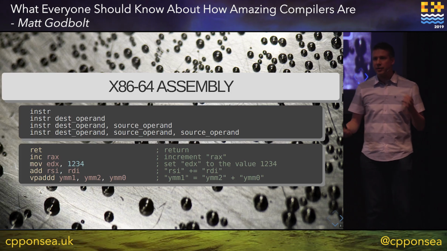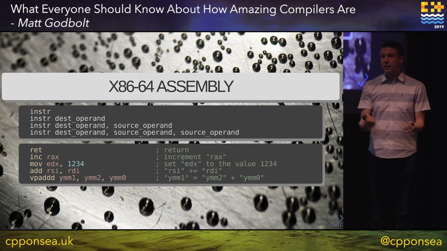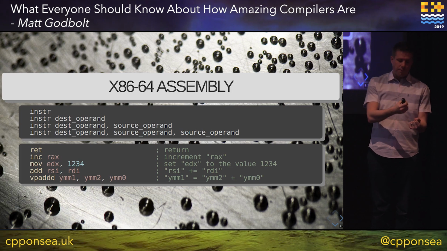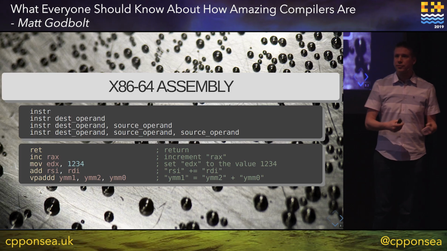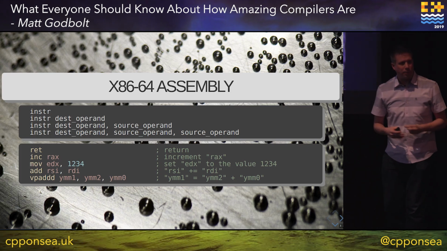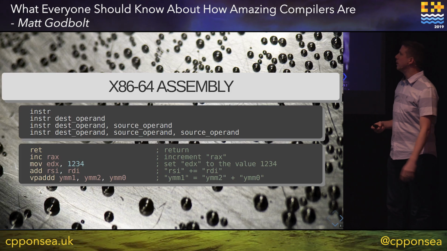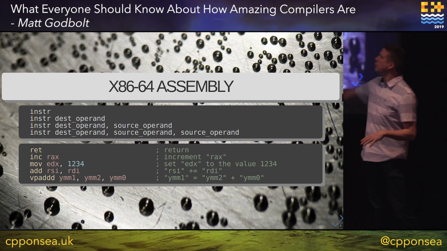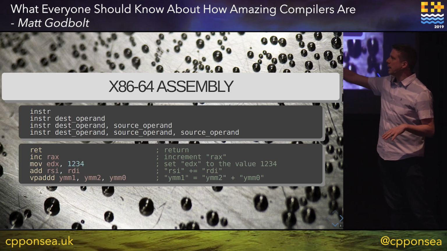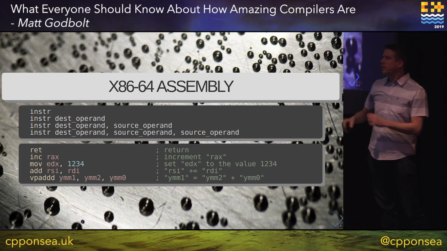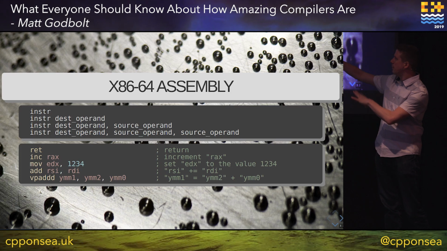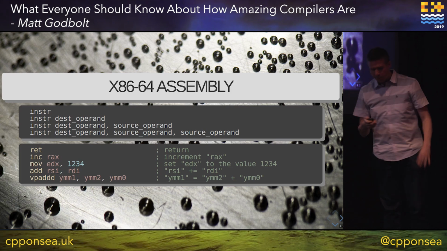So an add takes 2 operands, so it's adding something into an existing value and then updating that value. So it's more like a plus equals than a plus, which is a little bit annoying because it means you lost one of the inputs, but compilers have to work around it. And then the newer instructions like this VPADD can have 3 operands, and that means that it's an operation of YMM equals YMM plus YMM. But we'll talk about those in a minute.